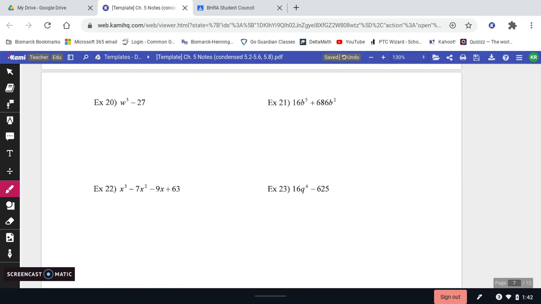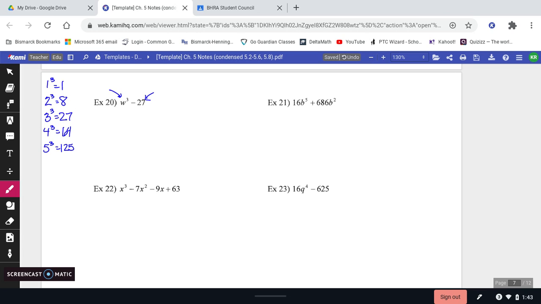Okay, so the first tip-off that we might have a difference of cubes, notice there's 2 terms. You subtract, so difference, and this first term here is definitely cubed. It's w cubed. Okay, so the question is, is 27 something cubed? All right, well, 1 cubed is 1, 2 cubed is 8, 3 cubed is 27, 4 cubed is 64, and 5 cubed is 125.